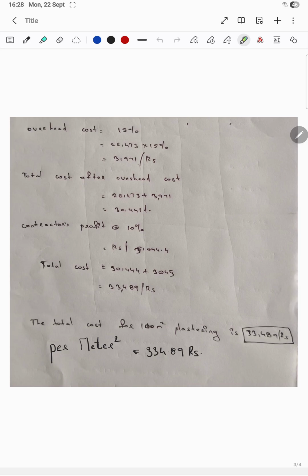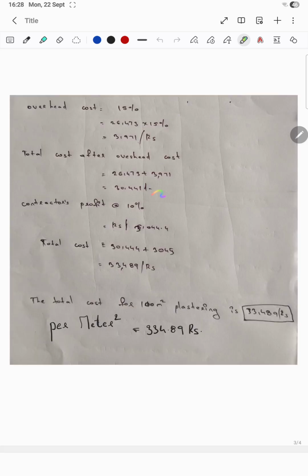The overhead cost is 15%, as overhead cost means the other expenses for workmen and materials, and the total amount for overhead cost is 3,971.